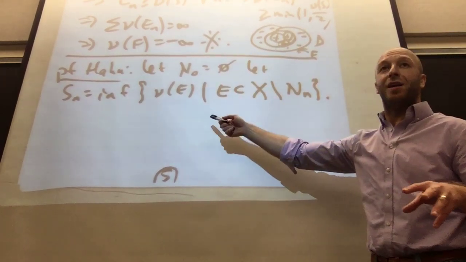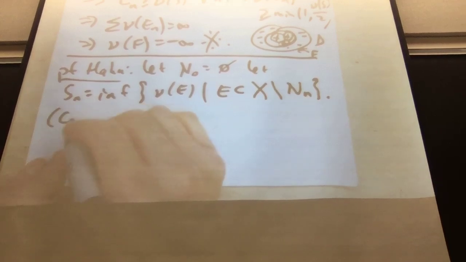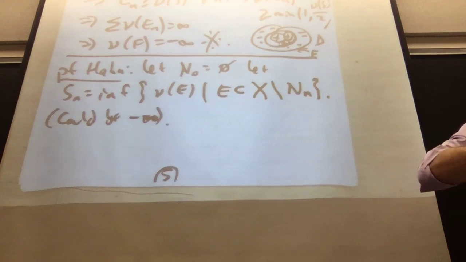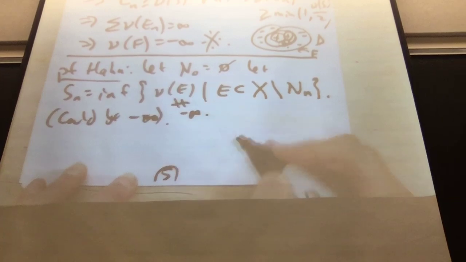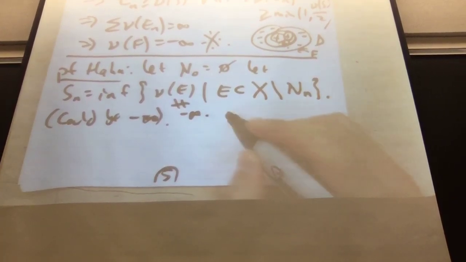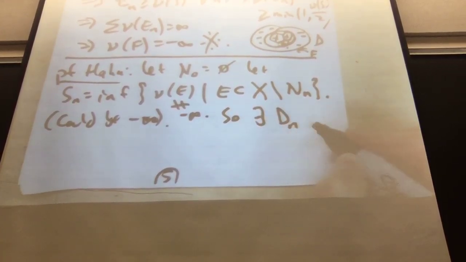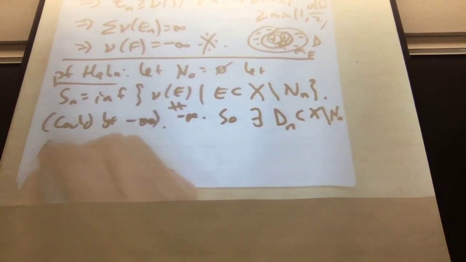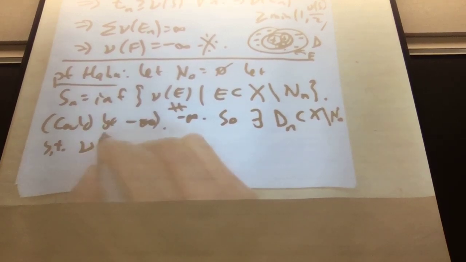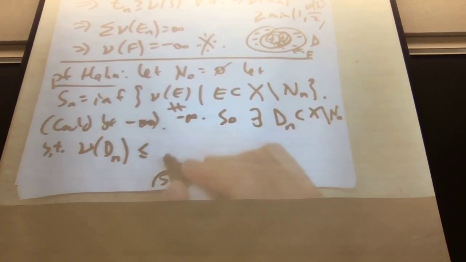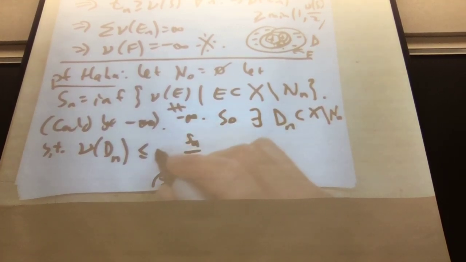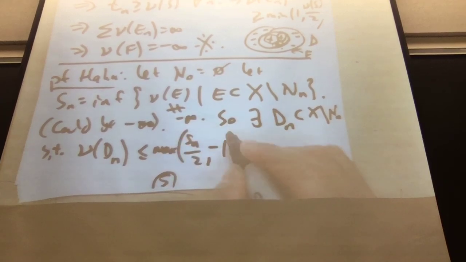This still could be negative infinity. Could be negative infinity. The nth could be without, but none of these are equal to negative infinity. So there exists a set Dn in X take away Nn for which its measure is at most, well, what I want to say is Sn over 2, but that could be very negative, so let's take the less negative of this and negative 1.